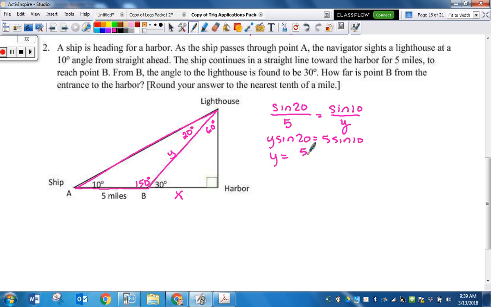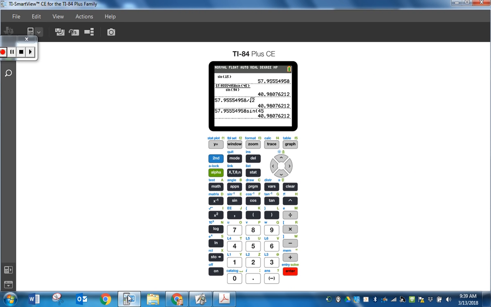Divide 5 sine 10 by sine of 20. I go to my calculator, there's a fraction key. So I have 5 sine 10 over the sine of 20. Enter, and I get 2.5385663.